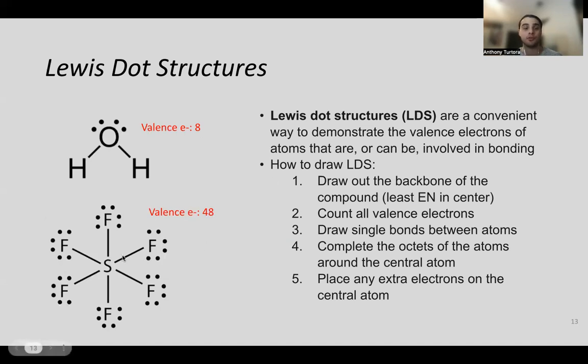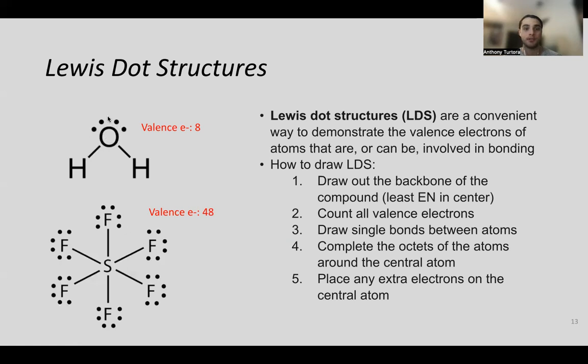And then when we're drawing these, we're going to first want to draw the sticks, which represent 2 electrons each. And then we're going to complete the octets around the atoms around the central atom. Hydrogens only want 2 electrons, so we're just going to leave these be.